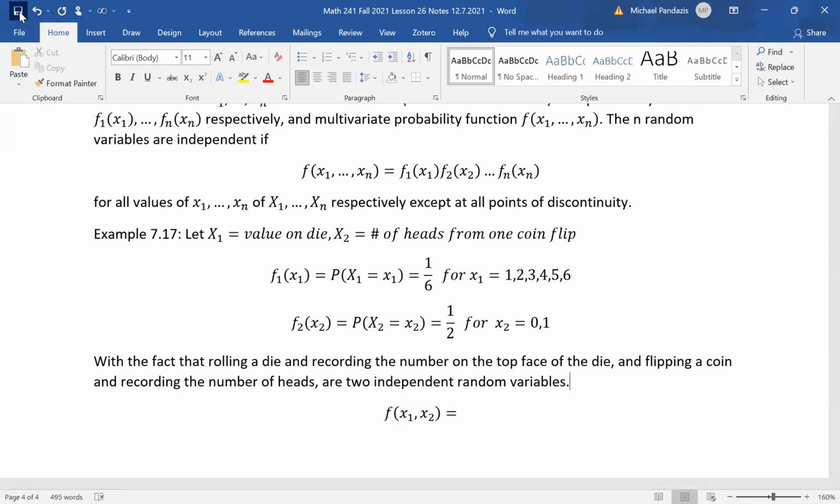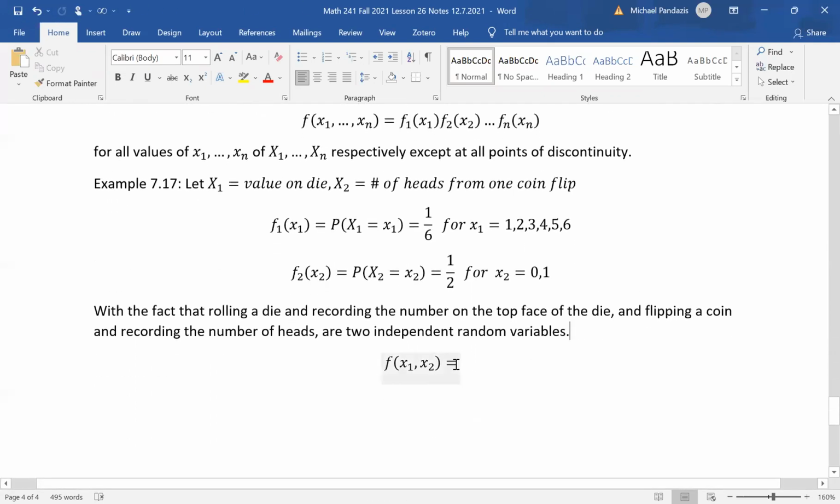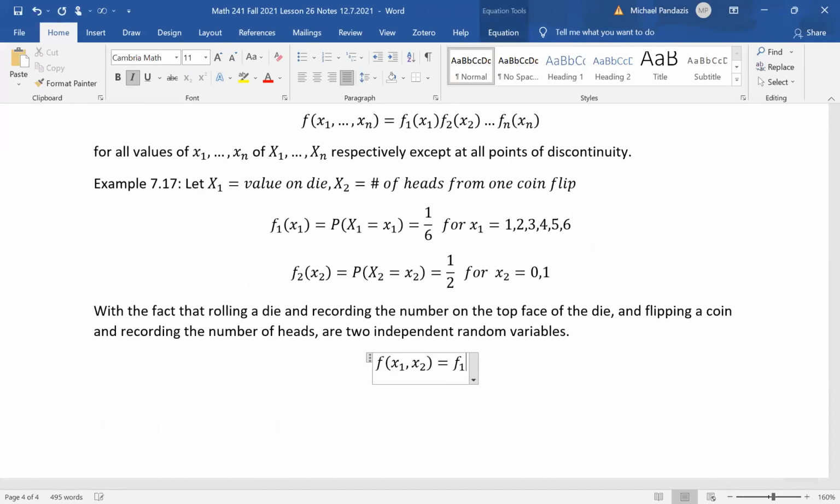And so that means that you can think of this as f1 of x1 times f2 of x2.